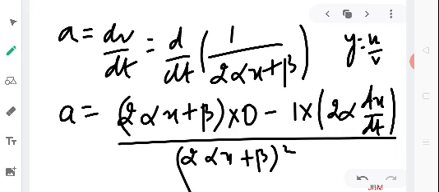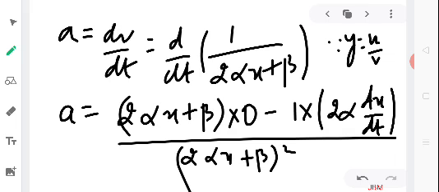So we have kept the second function first, 2 alpha x plus beta, differentiated the first one, that is 1, differential of 1 is 0, minus, keep the first function 1, differentiate the second, so 2 alpha, differentiation of x is dx by dt, plus beta, differentiation of beta is 0, divided by square of v, so 2 alpha x plus beta whole square. So we have used this expression.